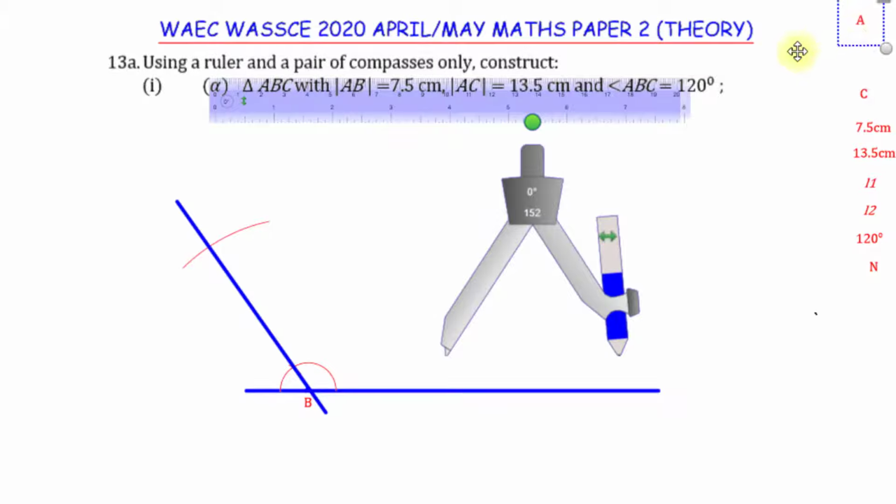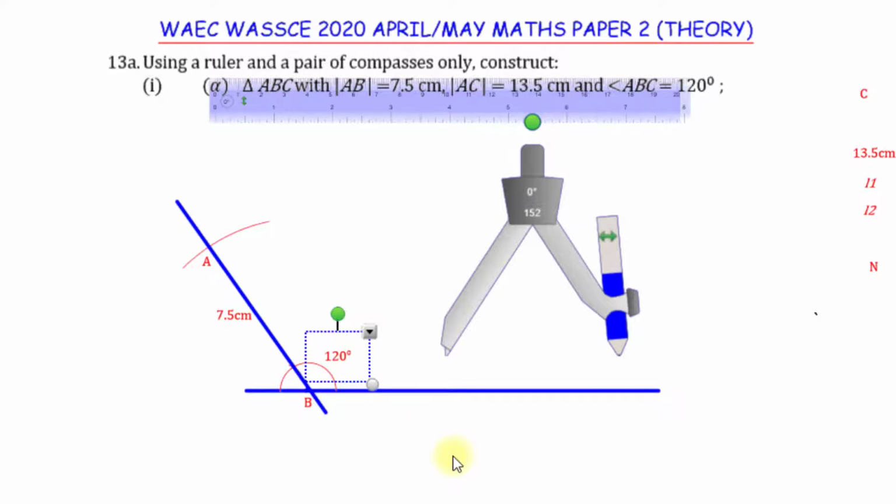So here, this will be point A. You can see we mark up the 120 degrees, and then we line up with the marked 7.5 centimeters and draw a straight line passing through point B to point A, and then we can label this appropriately that this is 7.5 centimeters.